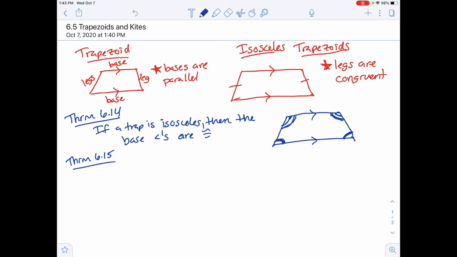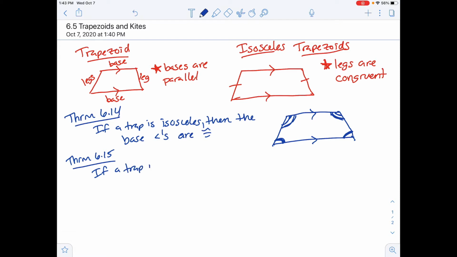Theorem 6-15. If a trapezoid has one pair of congruent base angles, then it's isosceles.